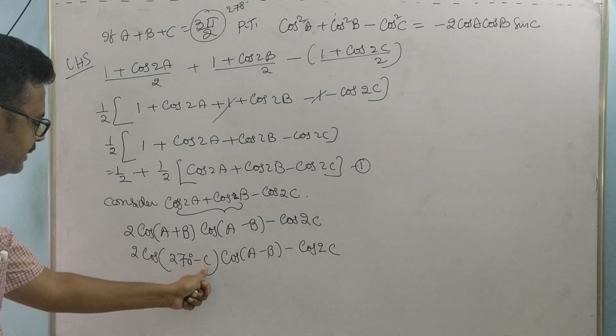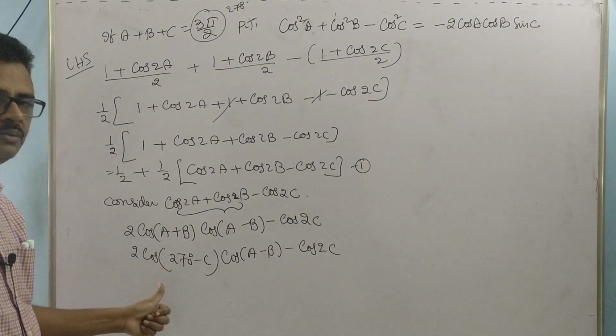So cos of (270 minus C): 270 minus C is in the third quadrant, where cos is negative.